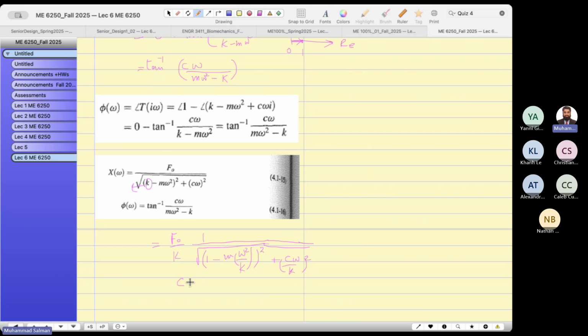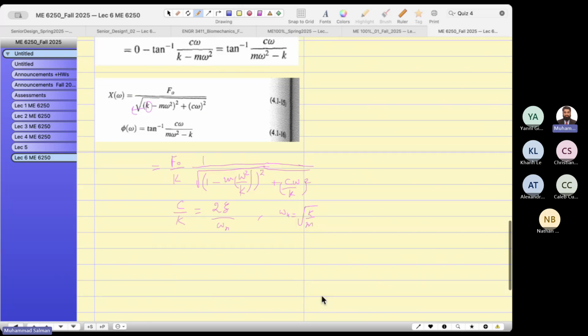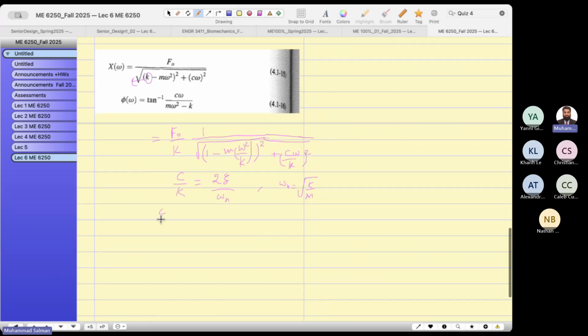and c over k can be written like 2 zeta over omega n, and omega n can be written as the square root of k over m, and zeta is the damping ratio, actual damping over critical damping, actual damping over 2m omega n, or can also be written as 2m square root k over m.